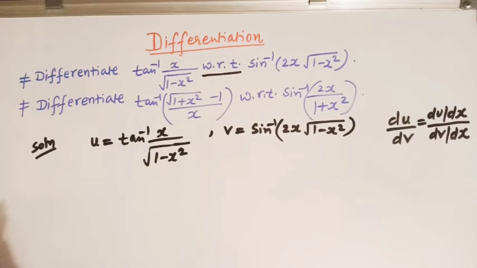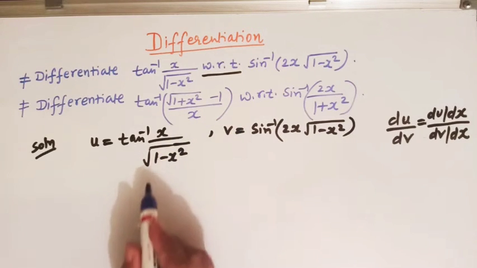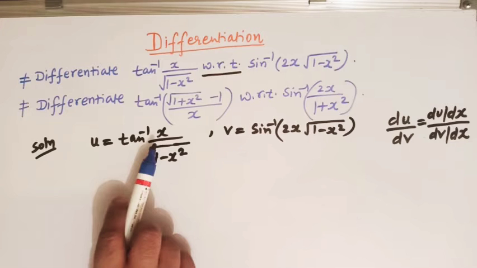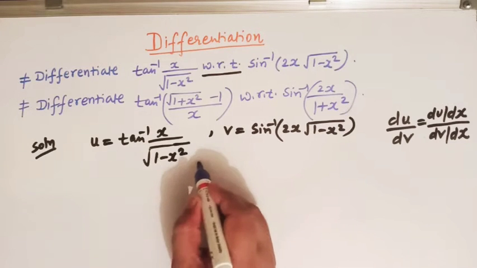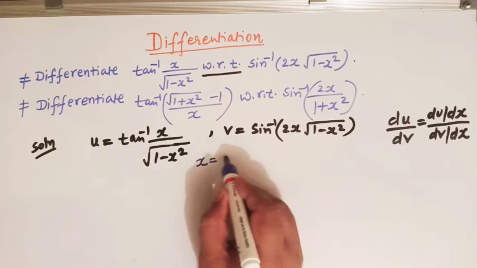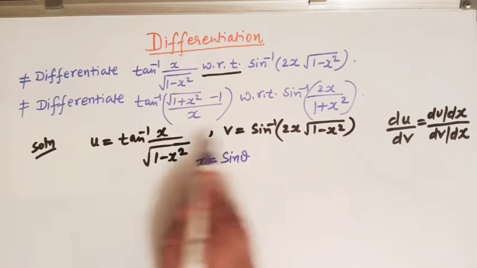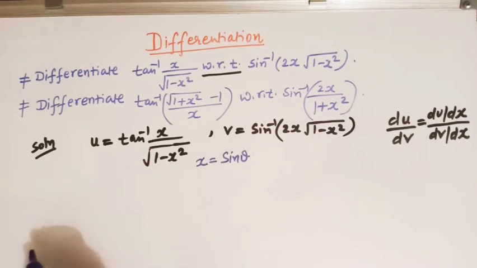Now here our aim is to make a proper substitution. So let us substitute x is equal to say sine theta, right? So here we'll substitute x is equal to sine theta.